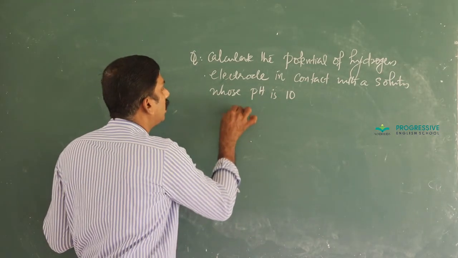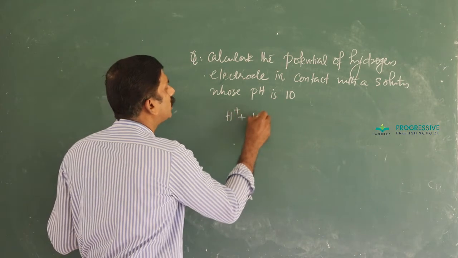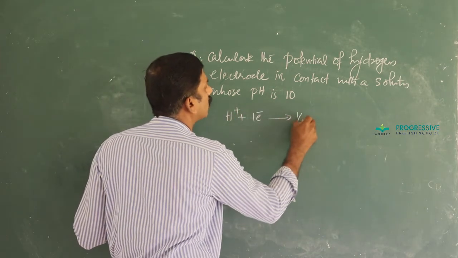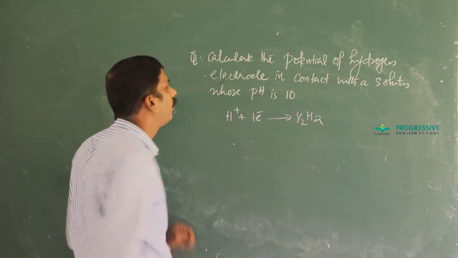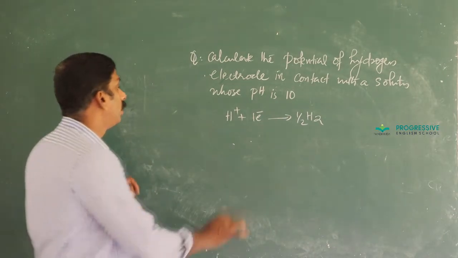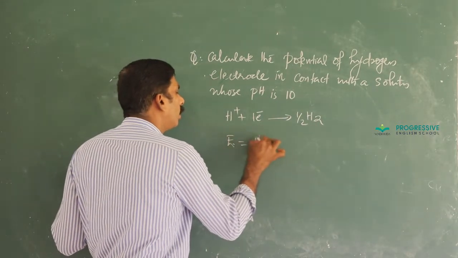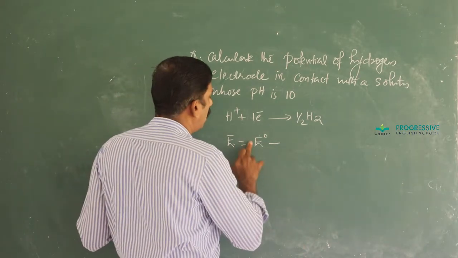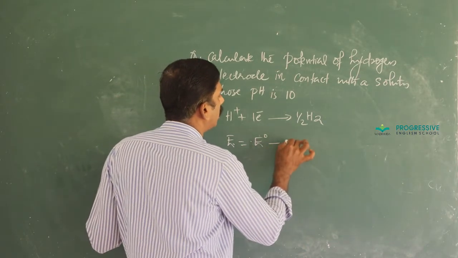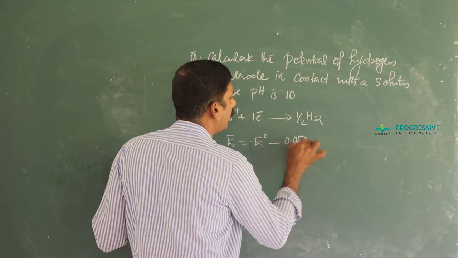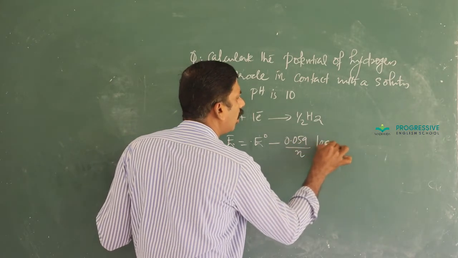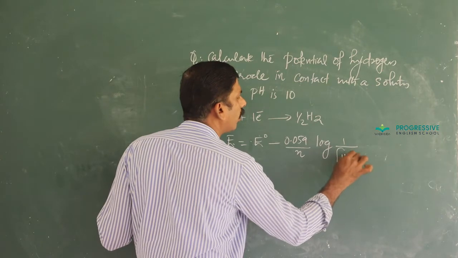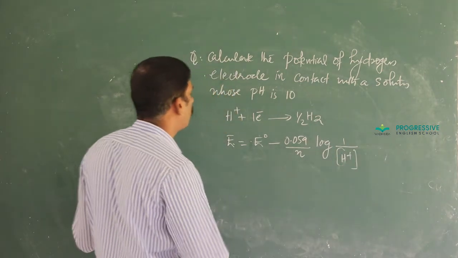That is, here the electrode reaction is H+ plus 1 electron gives half H2. Here E equals E0 minus 0.059 divided by n log 1 divided by the molar concentration of H+.